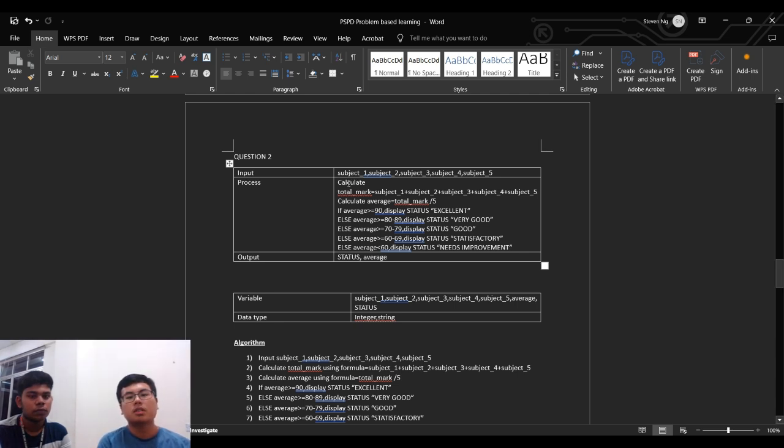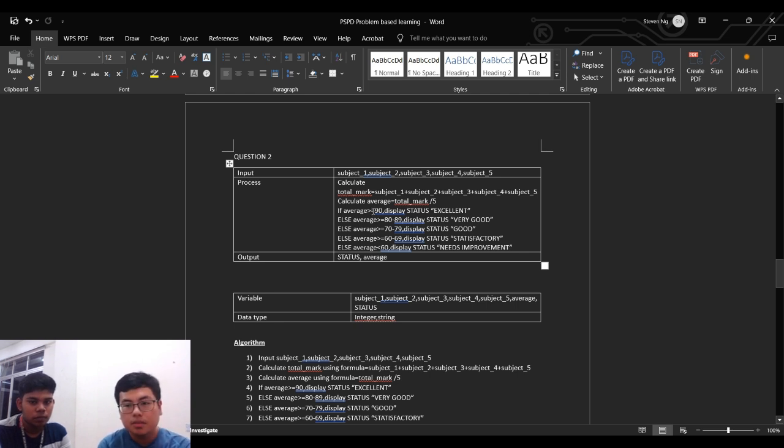we need to input subject 1, 2, 3, 4, and 5. For the process, calculate the total mark based on subject 1, 2, 3, 4, and 5. To get the average, we divide it by 5. And this is the status.